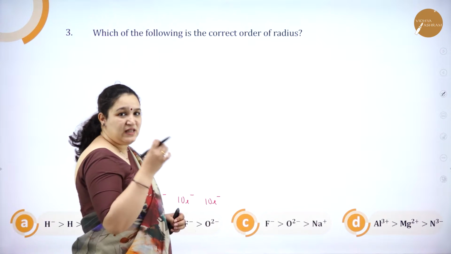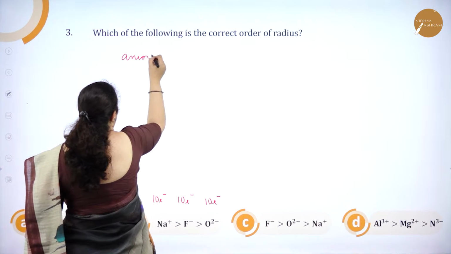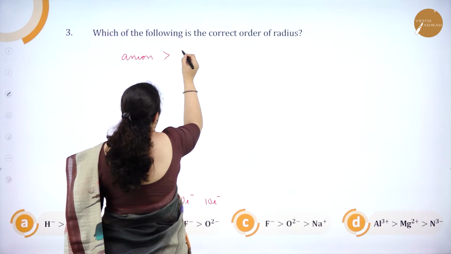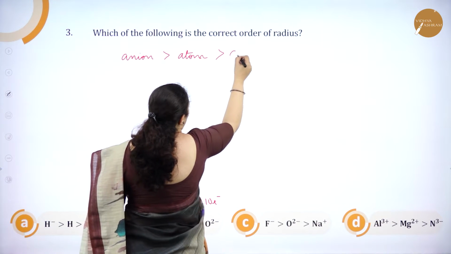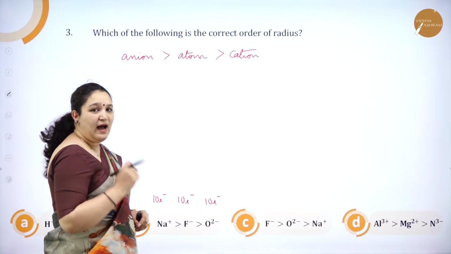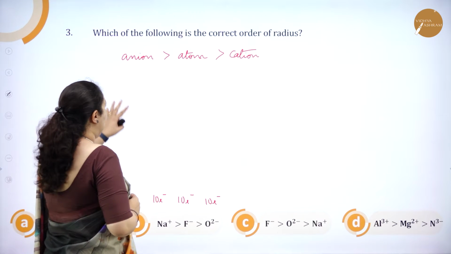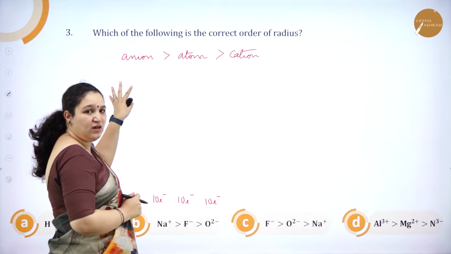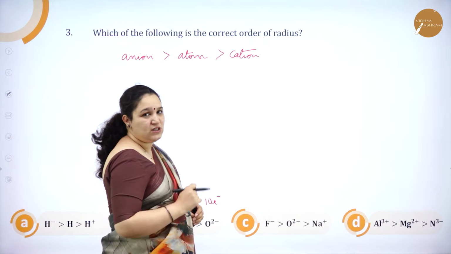Now if it is the same atom, then the anion has the largest radius, then comes the parent or neutral atom, and then comes the cation. For isoelectronic species, the anions with the highest charge will have the highest radius, then come the cations with decreasing order of charge.